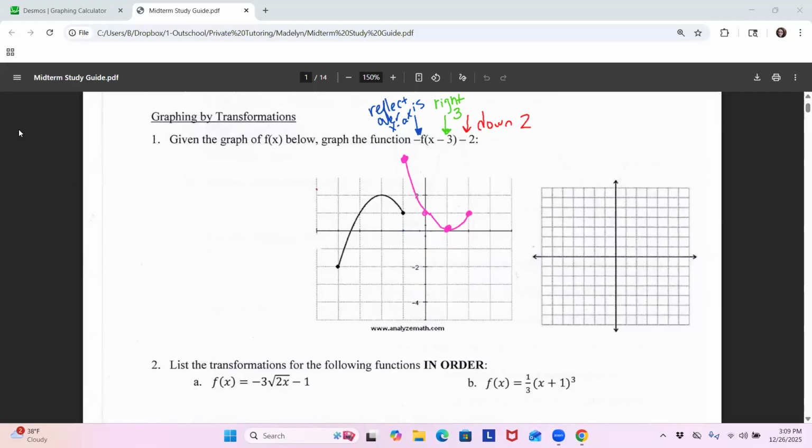Let's see if we get the same answer if we do it in the order given. So I'm going to reflect first now over the x-axis, because that's what a negation in front does. So this will go here. Okay, there's just the reflection. Now I'm going to go right 3.